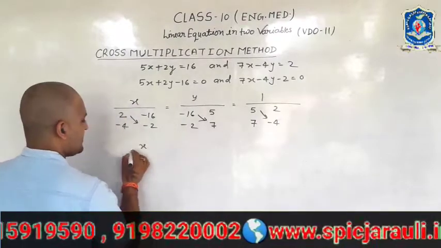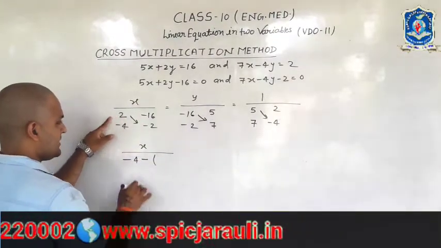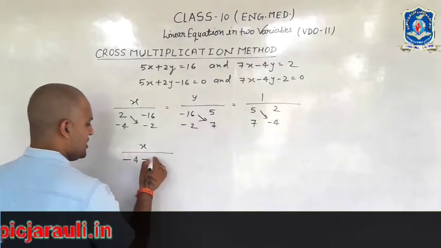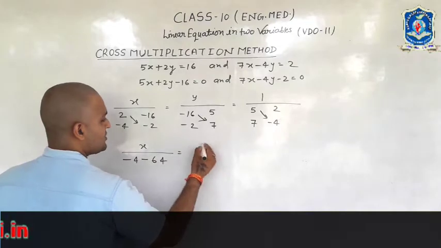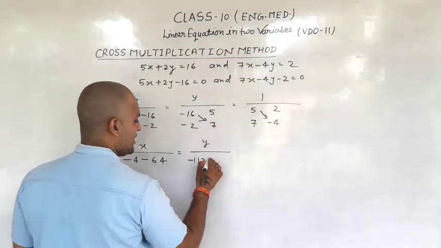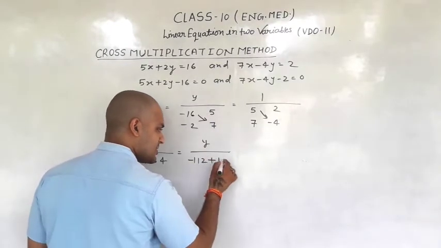Now first I am multiplying this side. 2 fours are 8... that is, 2 times minus 2 is minus 4, minus, plus 16 times 4 is 64. Then minus 16 times 7 is minus 112, minus 5 times minus 2 is plus 10.